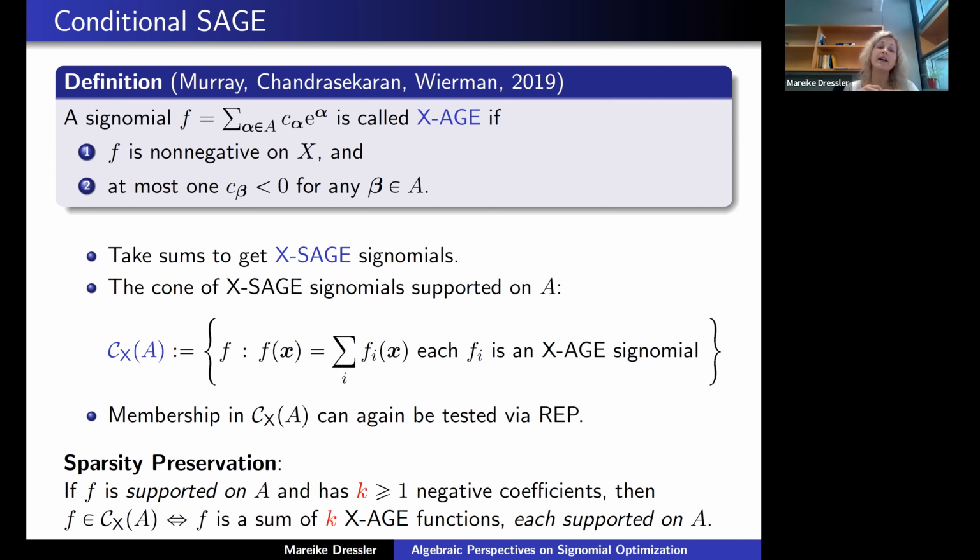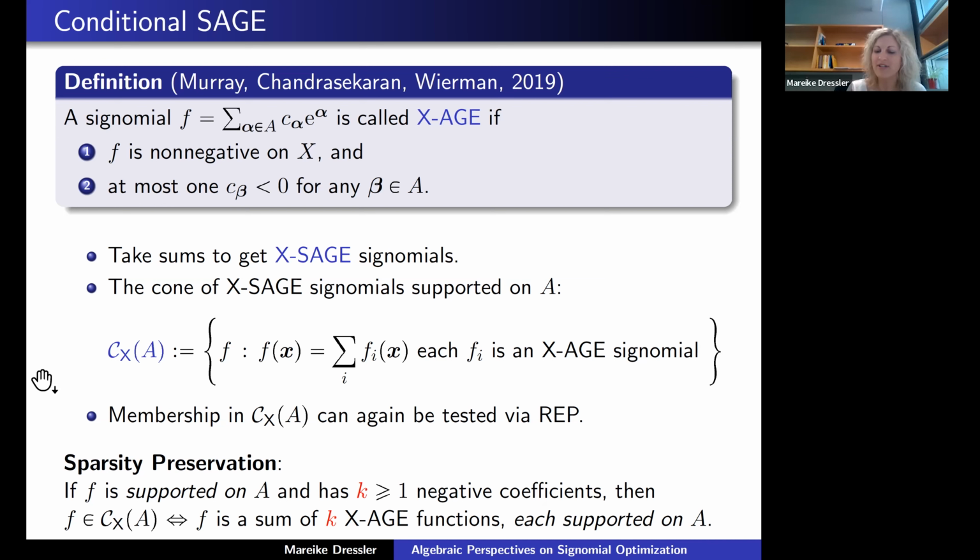That is, if I look at a signomial which is supported on a specific set A and has k negative coefficients, then it is X-SAGE exactly if I can write it as a sum of XH functions with exactly k negative terms, each supported on the same ground support set.